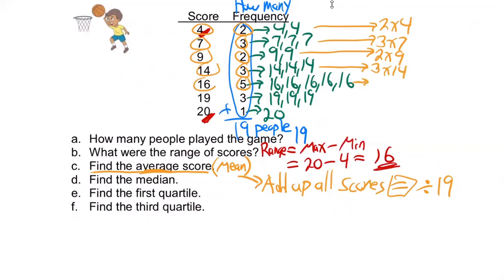And it's 5 16s. And it's 3 19s. So this is the quick way to add all these numbers up, is just multiply. There's only one 20. So if we multiply those together, we get what?